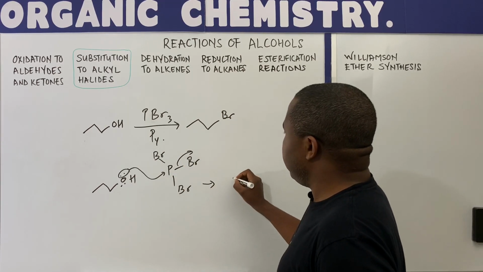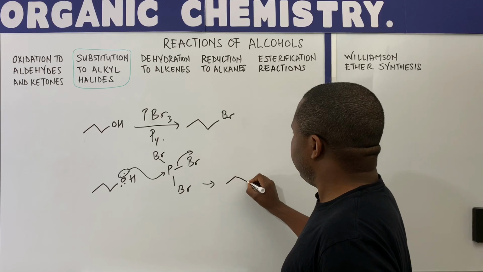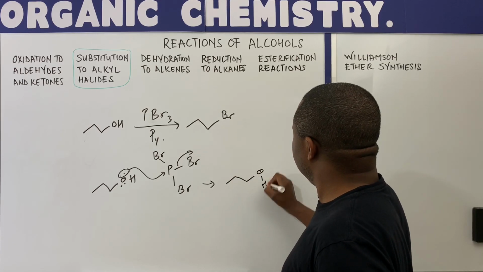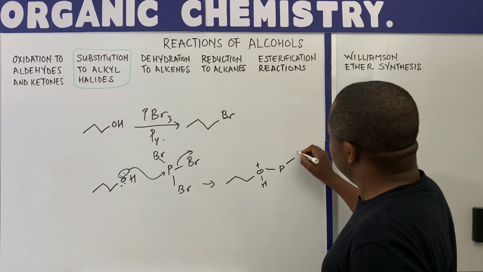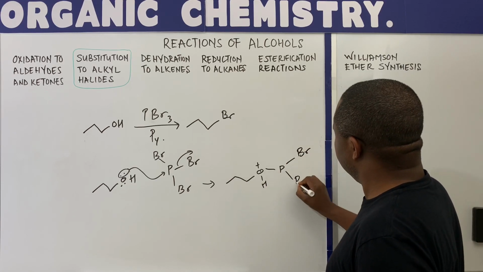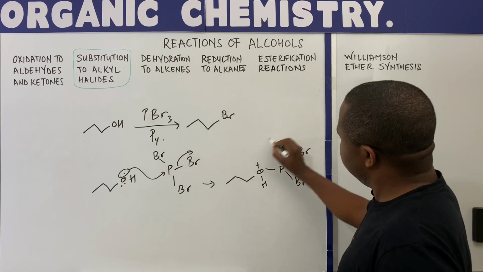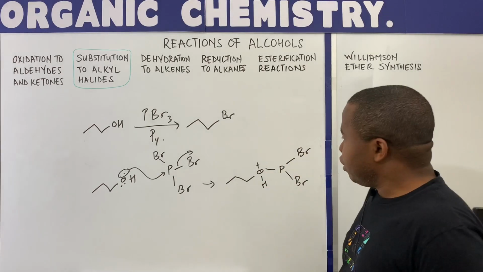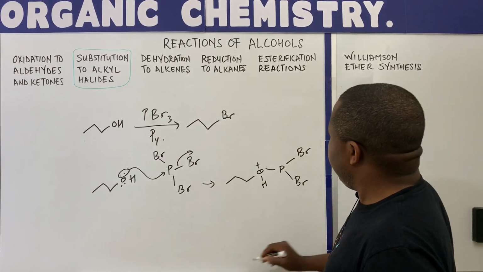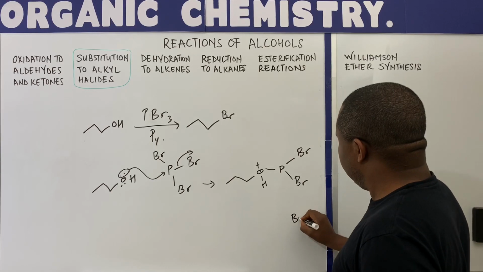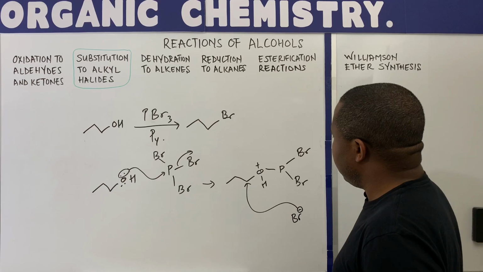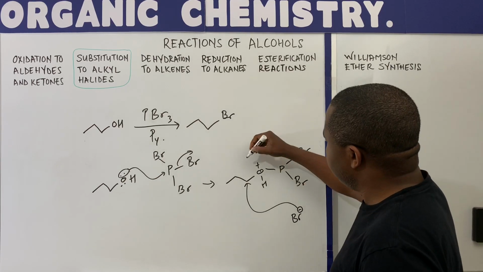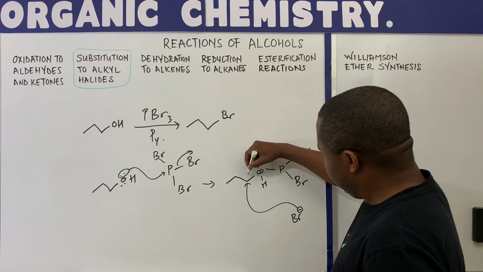So we have this, we form this. And this whole thing here is a great leaving group. So the bromide that left is going to come back and attack this, and this basically just goes like this.